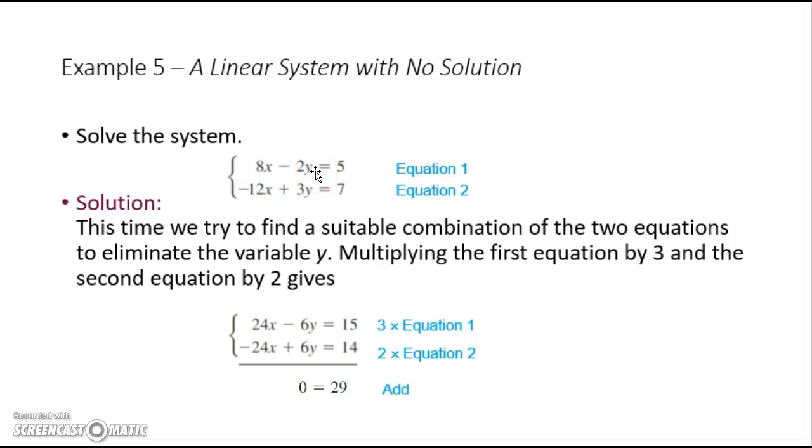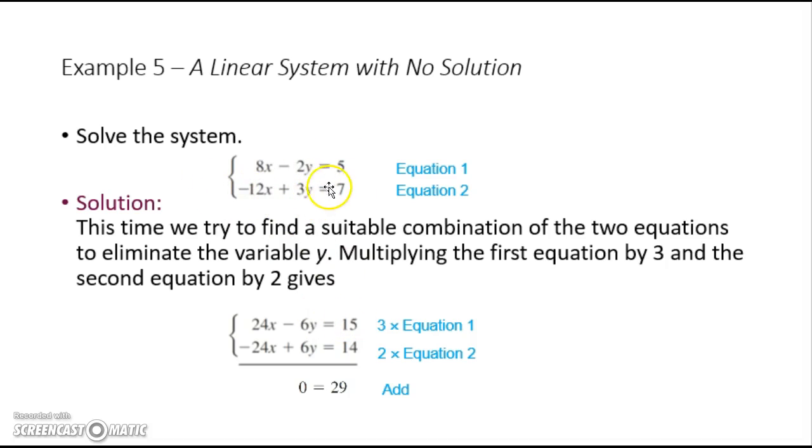So let's look at this system of equations here. 8x minus 2y equals 5, and negative 12x plus 3y equals 7. We want to get the coefficients of either x or y to be opposites. We can work with the x's or the y's. If we multiply the top equation by 3, that would give us 24x minus 6y equals 15.